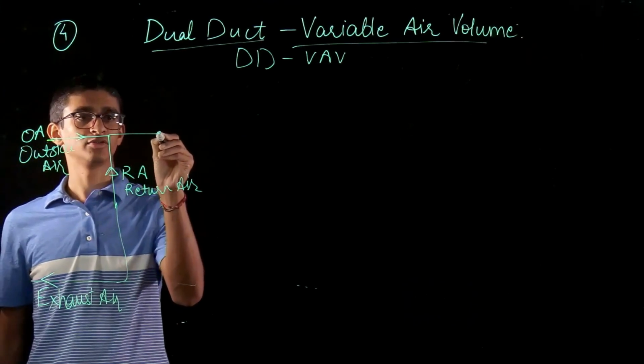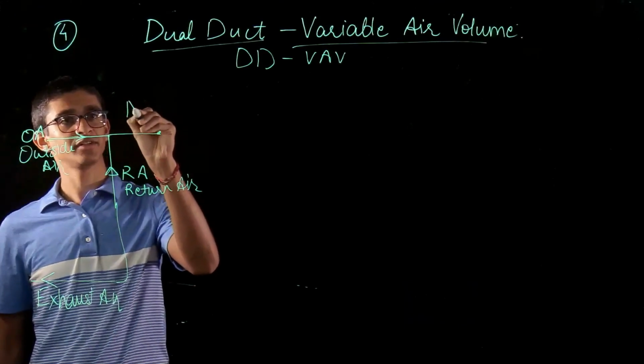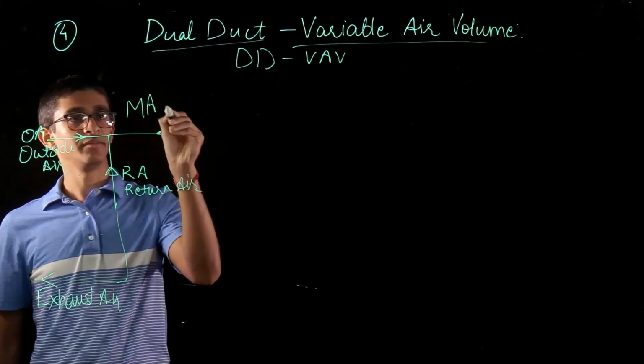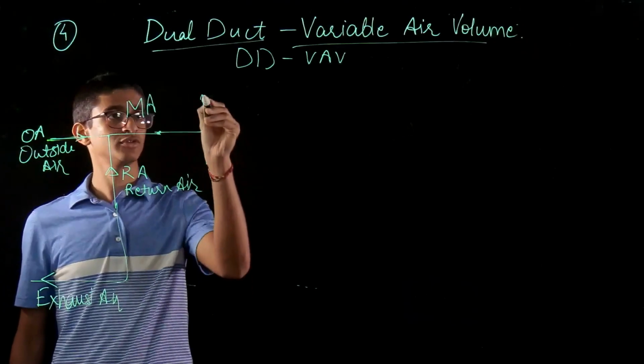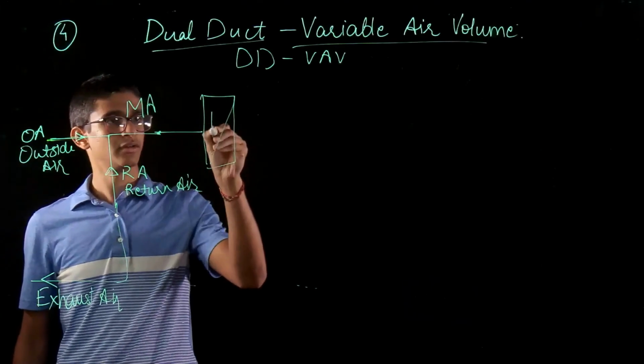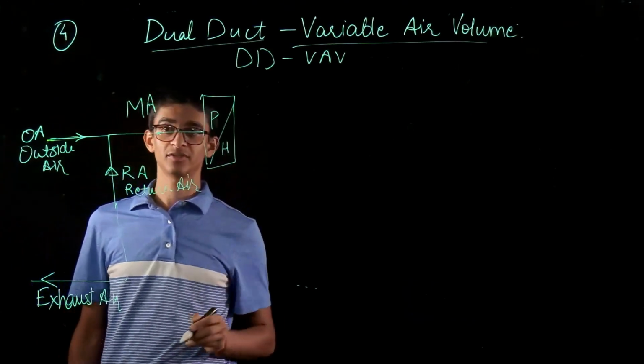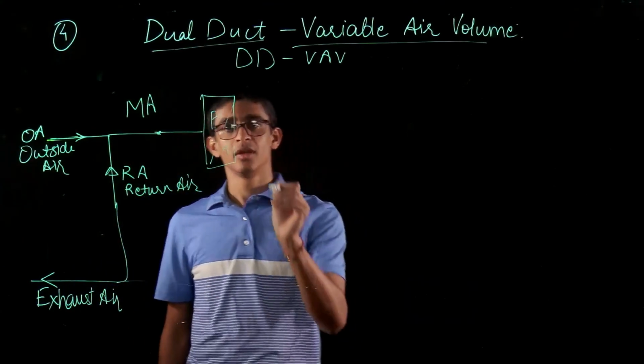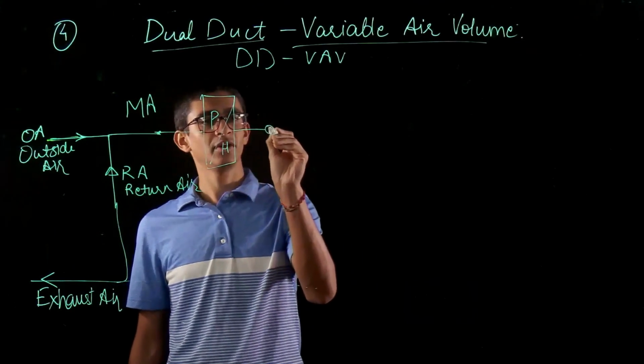These two airs, outside air and return air, get mixed up, and it is called mixed air, MA, which goes through a preheat coil, which is called PH. And after the preheat coil, we'll have a supply fan.